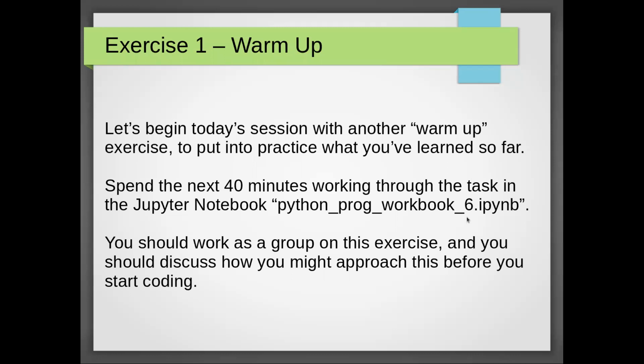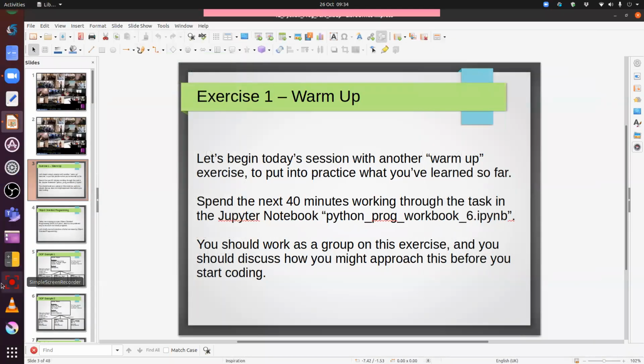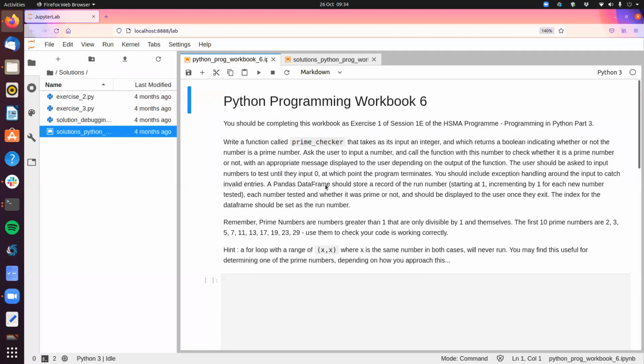Let's just have a quick look at what the exercise is going to ask you to do here. It's going to get you to write a little program that involves classifying prime numbers with a few little twists on it too.